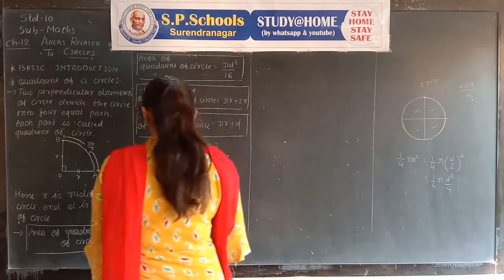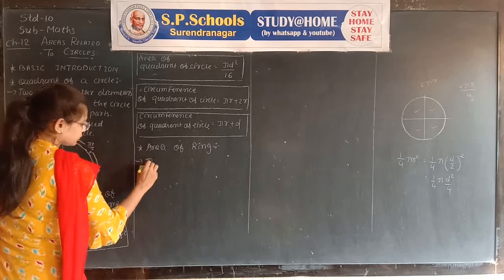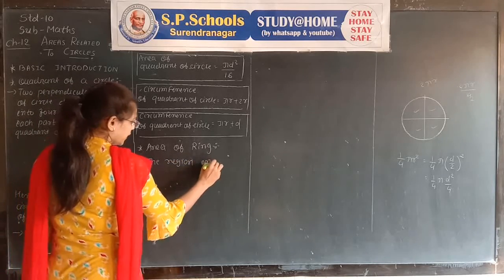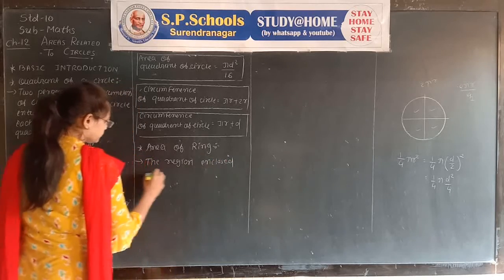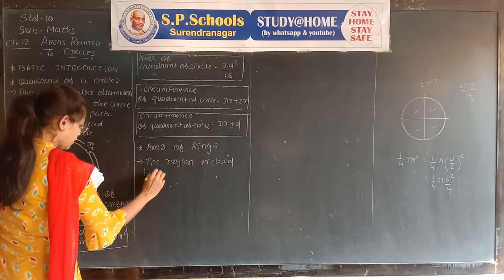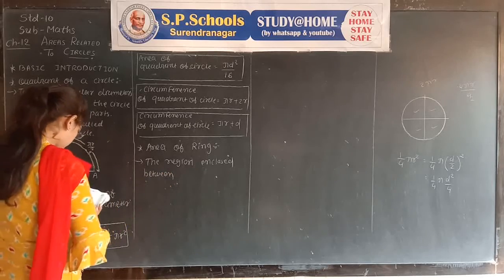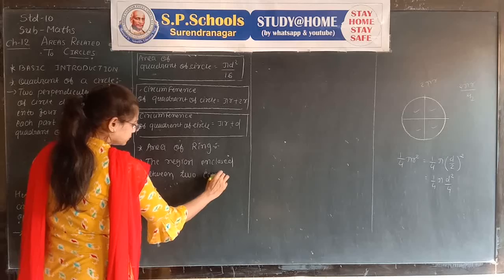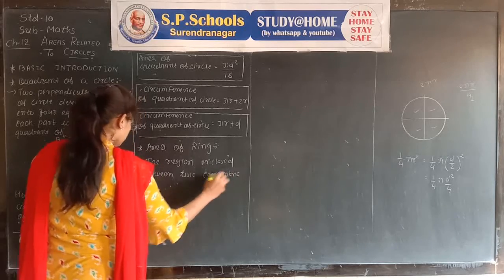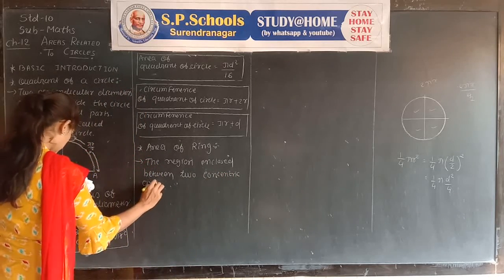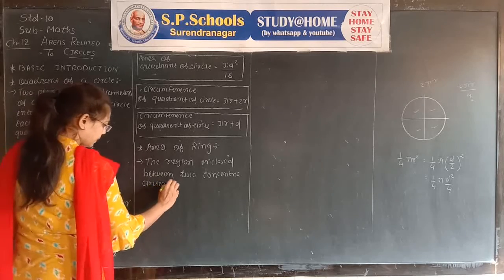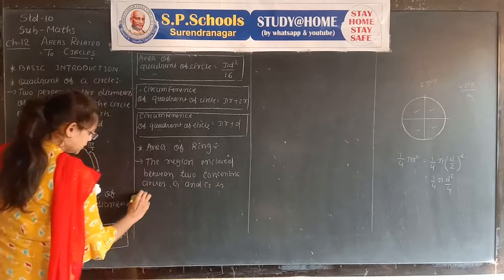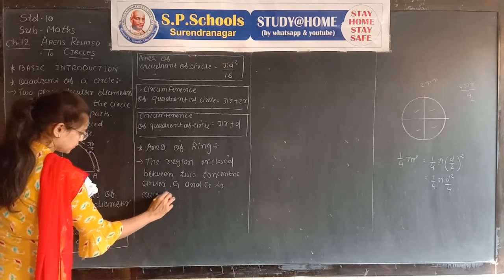The region enclosed between two concentric circles C1 and C2 is called a ring.